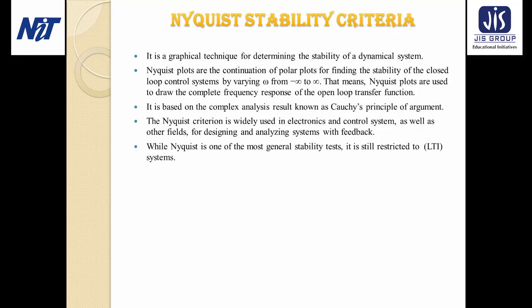Now, the stability analysis of a feedback control system is based on identifying the root locations. Root locations are actually the pole locations. So, it is based on identifying the location of the roots or poles of the characteristic equation.